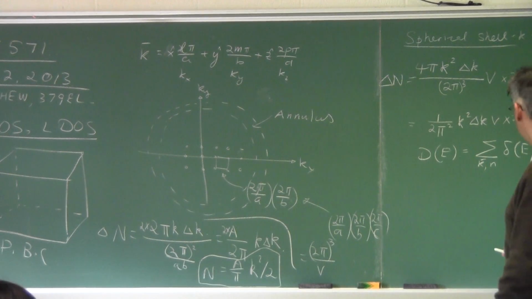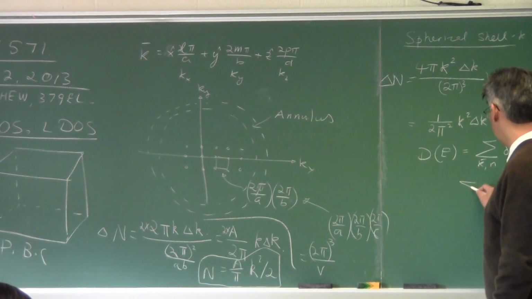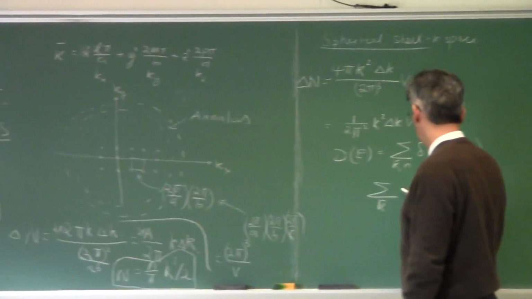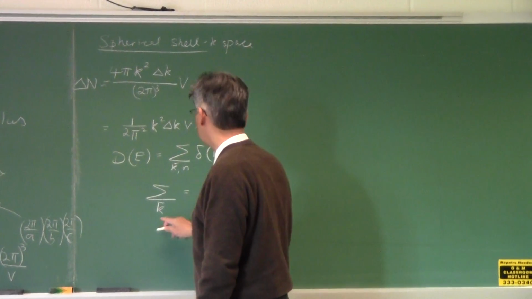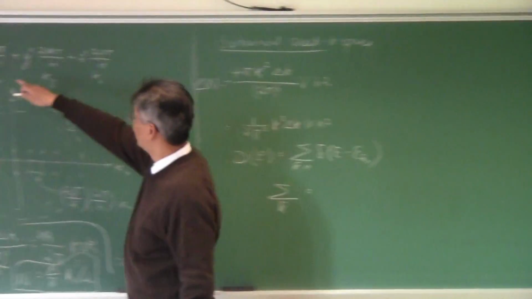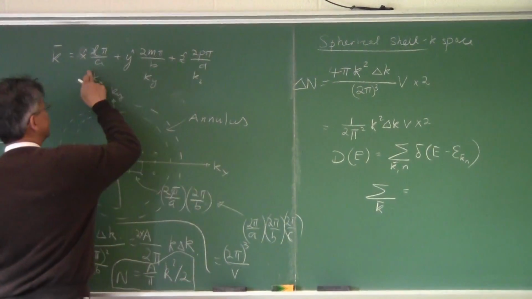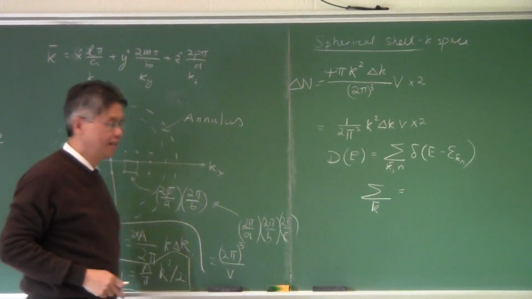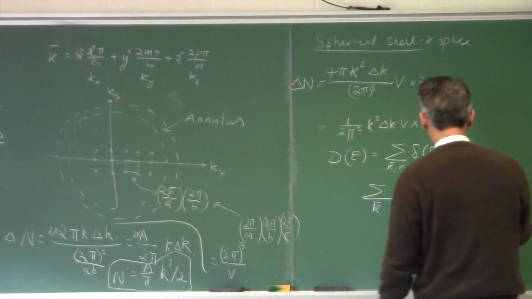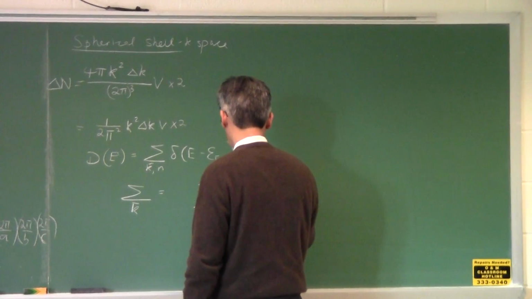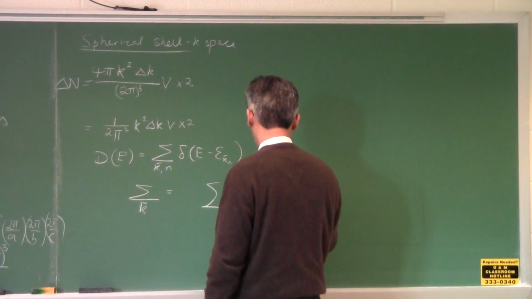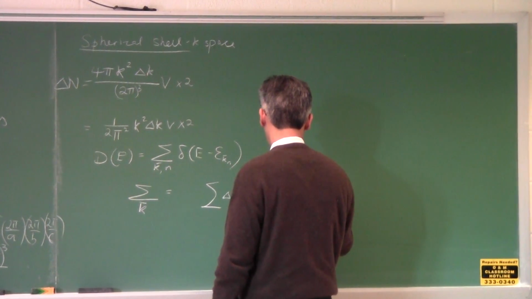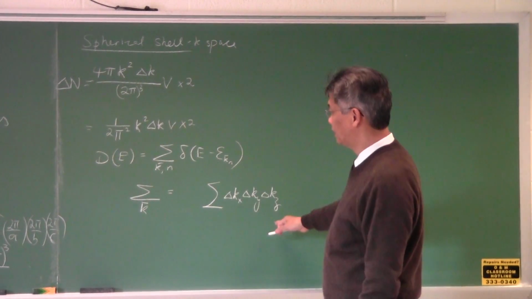So there is a general rule of thumb that the sum over k is the same as the sum over kx, ky, kz, which is the same as the sum over l, m and n, which is the same as the sum over delta kx, delta ky, delta kz, and then divide by this number again.